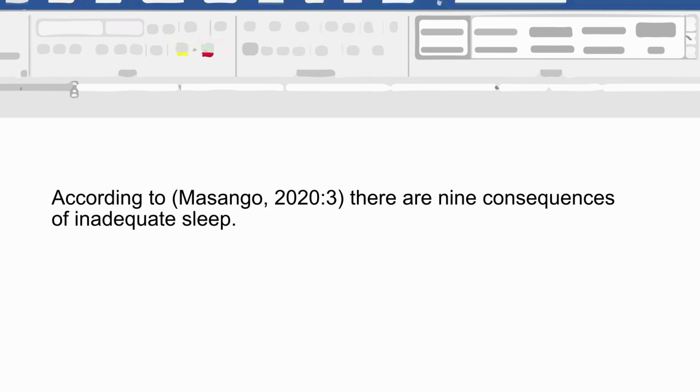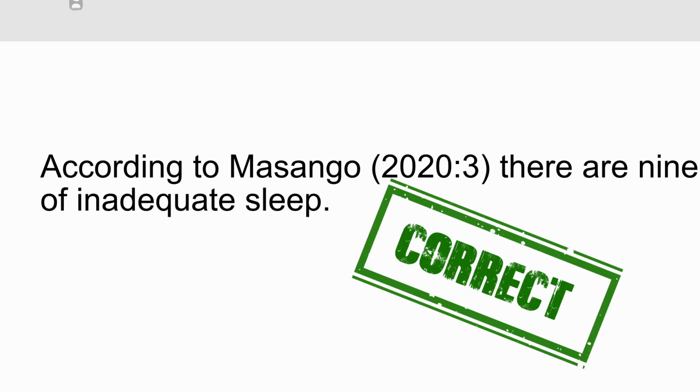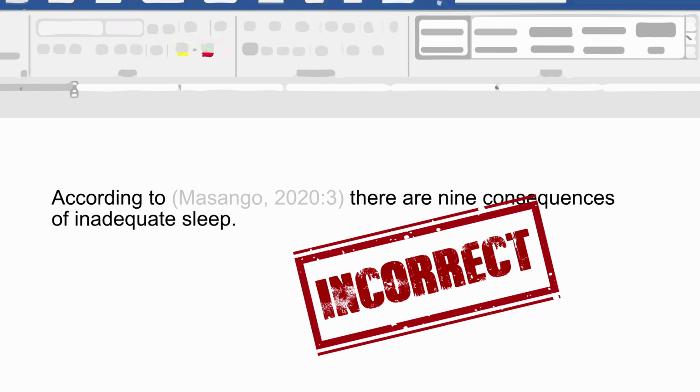But because I put the surname in brackets, it is not. In this case, only the year and page number should be in brackets. An easy way to identify this error is like this. If something is in brackets, you don't always read it out when reading aloud. So the sentence would have sounded like this: "According to, there are 9 consequences of inadequate sleep." That sentence does not make sense.